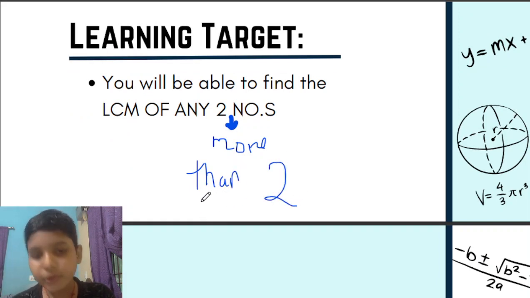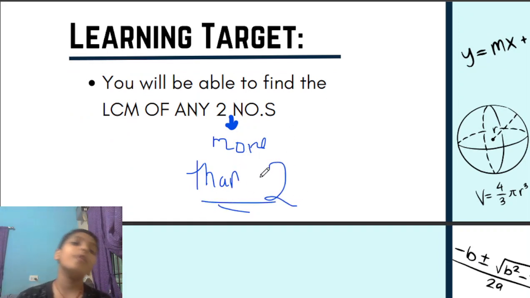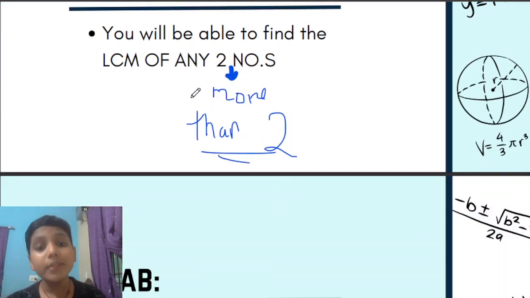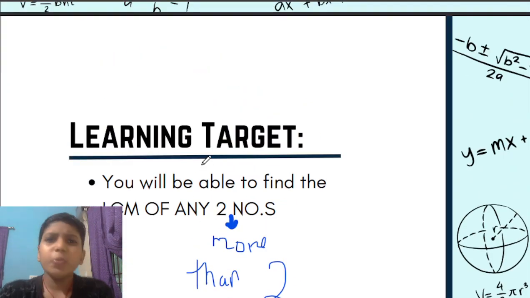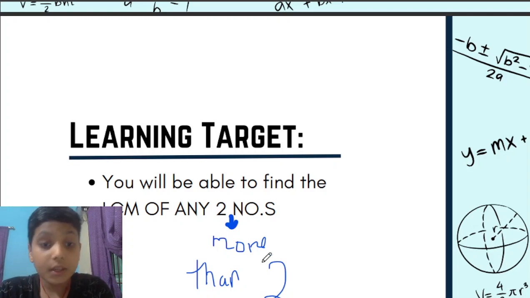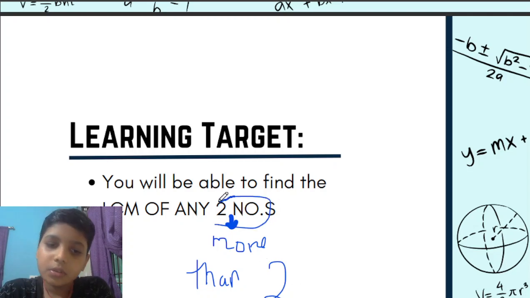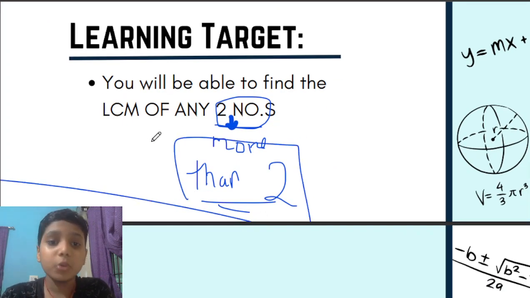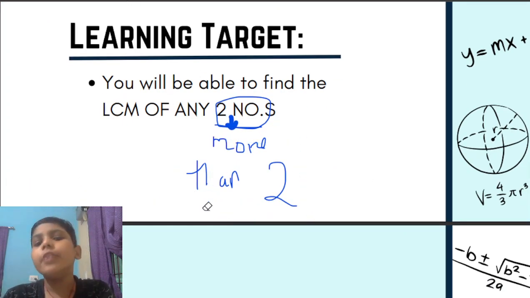You can also find the HCF of numbers more than 2 as well, but in this video we shall be mostly focusing on two numbers. We will not go to the examples of more than two numbers. So are you ready for this journey?